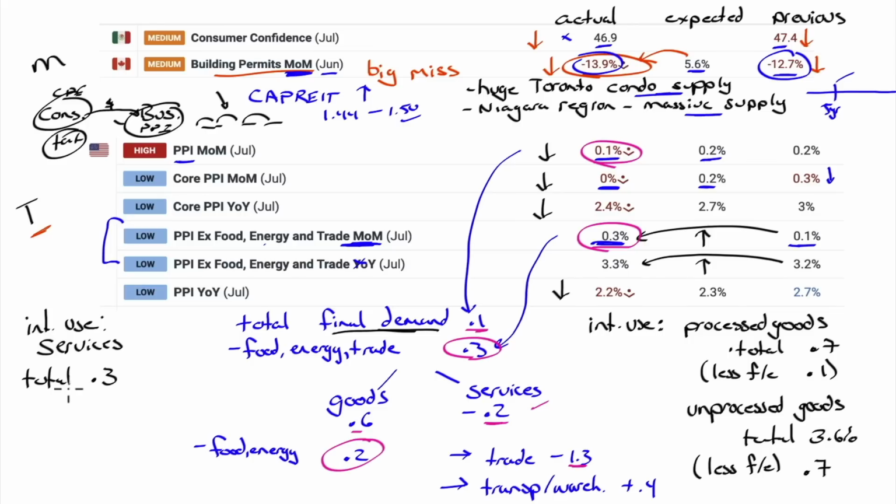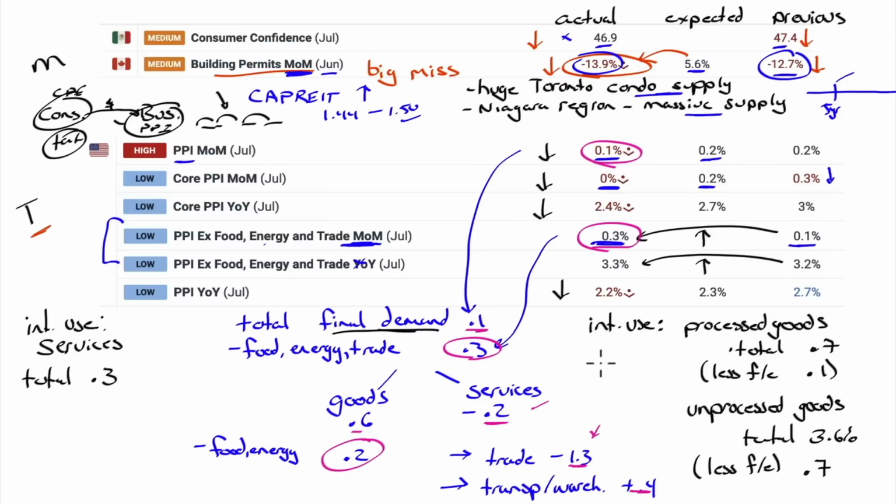The trade component is margins, so that gives us some idea of the profitability, perhaps, of the businesses. The trade, negative 1.3. So that's a big part of what's dragging services to negative 0.2. Transportation and warehousing was up 0.4.